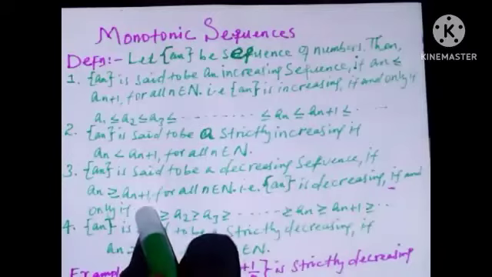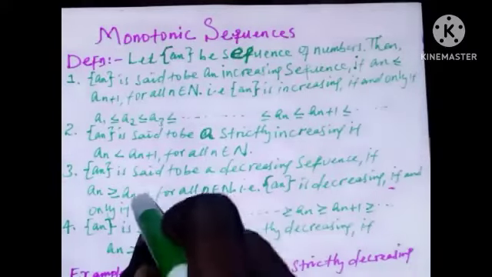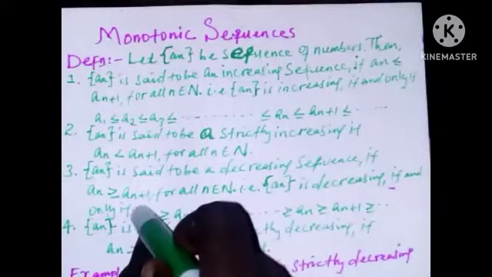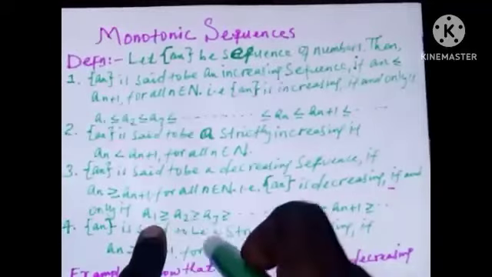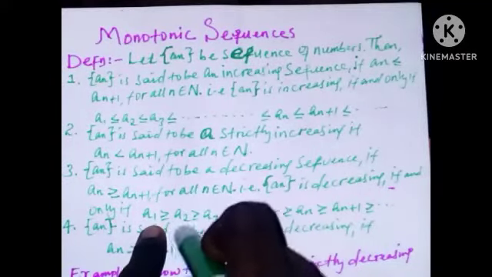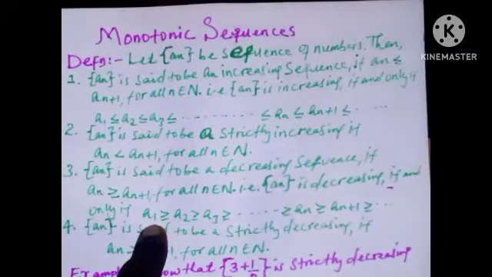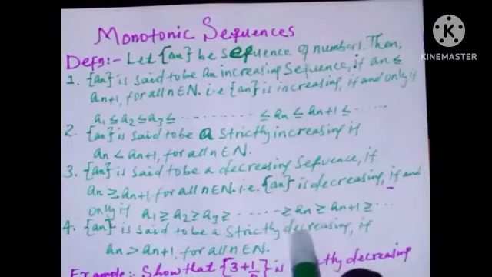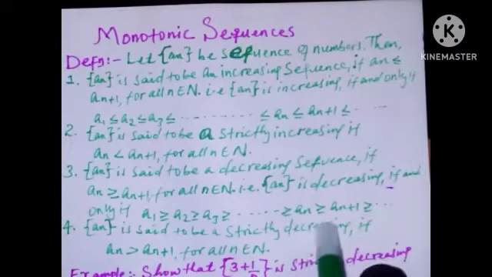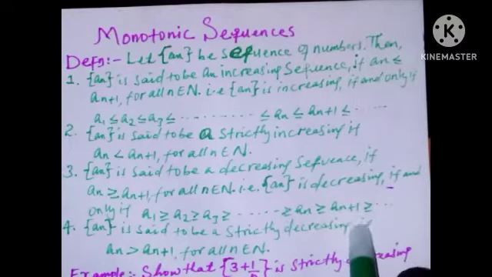If the first term is a larger number, the second term is less than the first term, and the third term is less than the second term, it is a decreasing sequence. That is what we mean by a_n greater than or equal to a_(n+1).